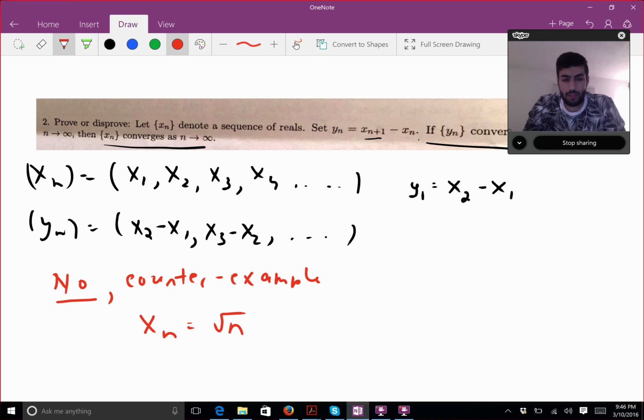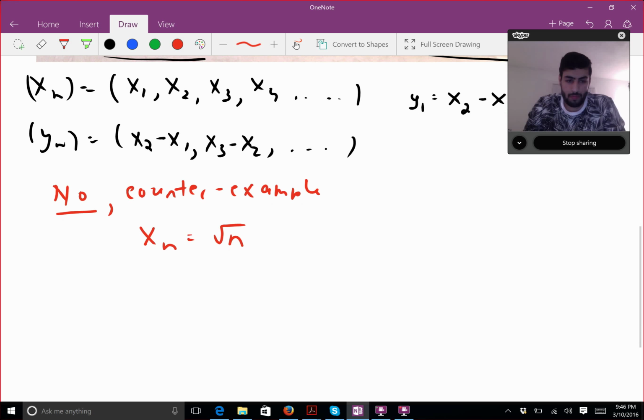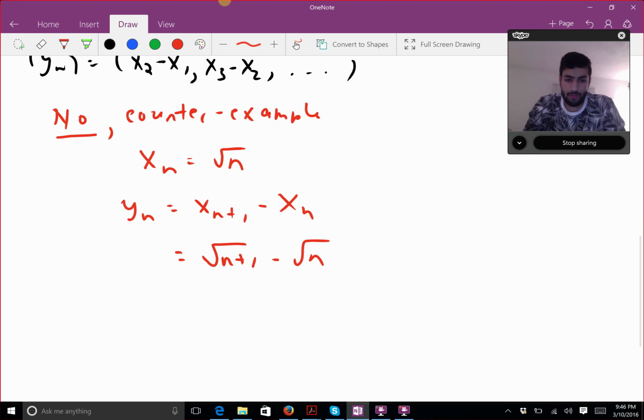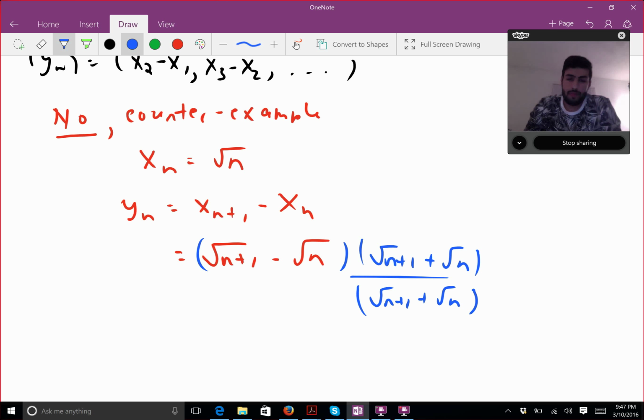So let's be careful. y sub n is equal to x n plus 1 minus x n, which is the square root of n plus 1 minus the square root of n. I'm going to do something a little tricky: multiply the top and bottom by the square root of n plus 1 plus the square root of n.